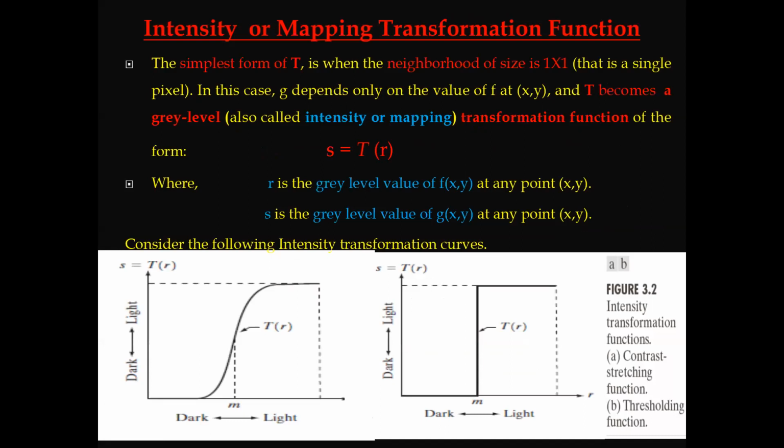In this case, g depends only on the value of f at x comma y, and T becomes a gray level, also called intensity or mapping transformation function, of the form s equals T of r, where r is the gray level value of f of x comma y, the input image, and s is the gray level of the output image g of x comma y.